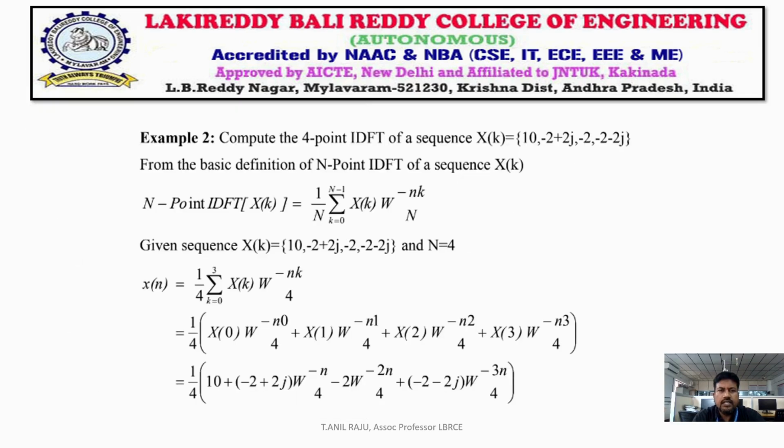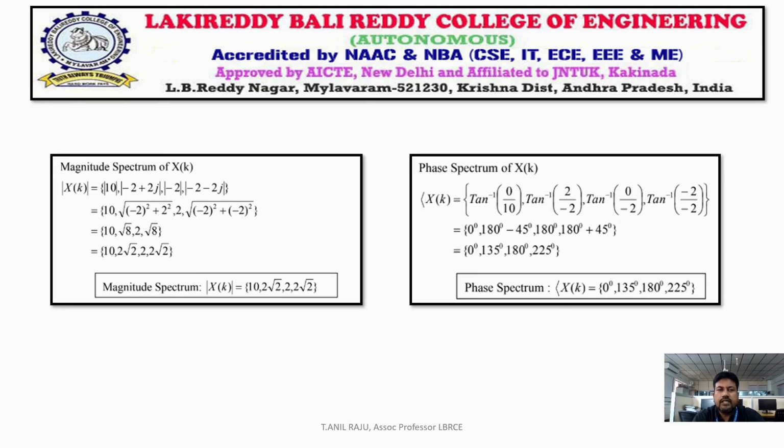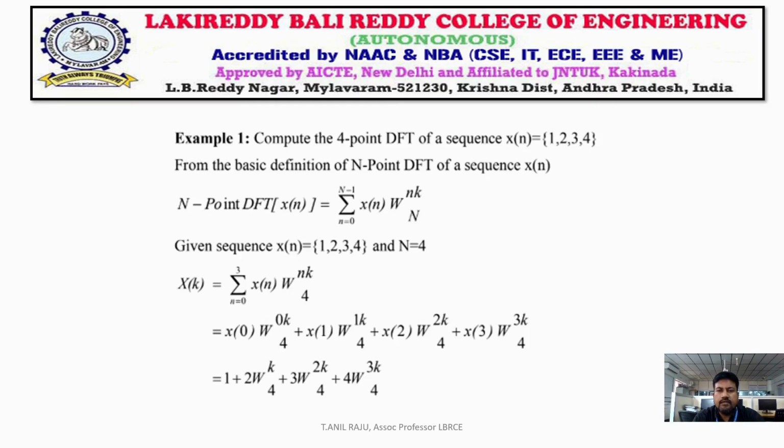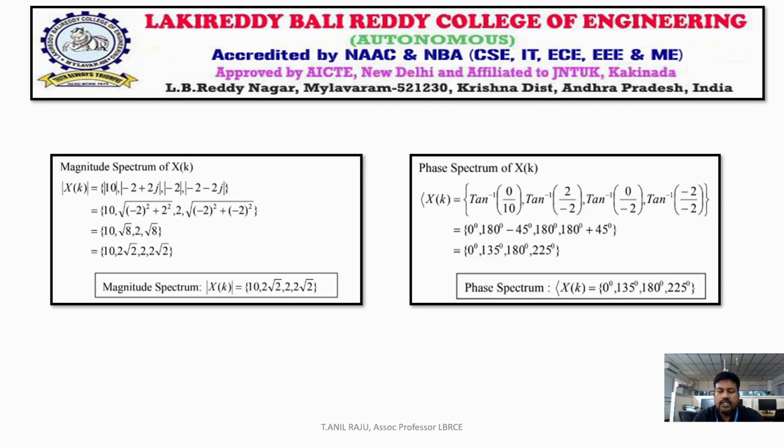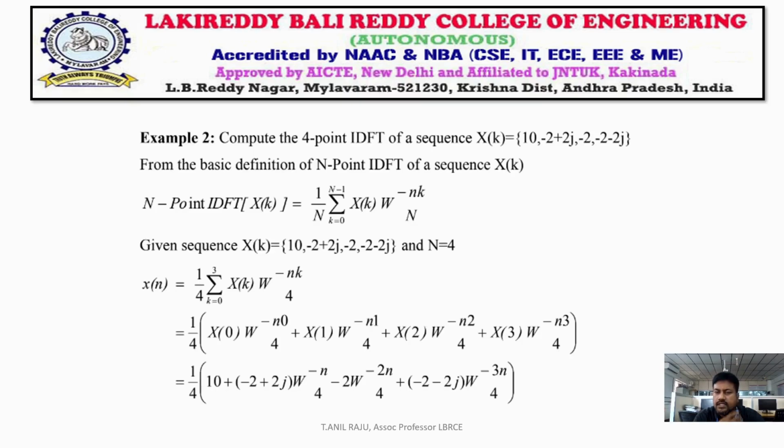If you observe this, this example is wantedly taken. I have taken example 1 with the time sequence of x of n 1, 2, 3, 4. I got frequency coefficients 10, minus 2 plus 2j, minus 2, minus 2 minus 2j. In the second example we observe the same frequency domain samples are given to compute IDFT.